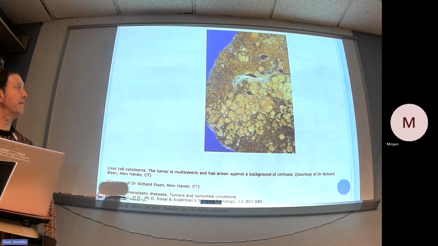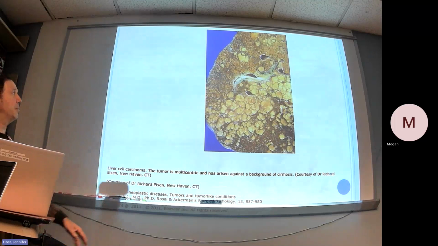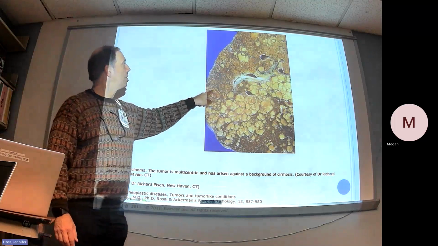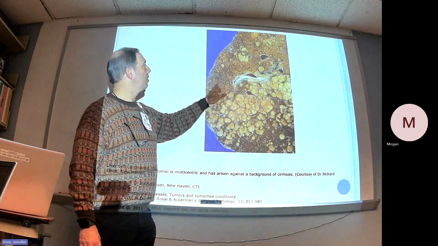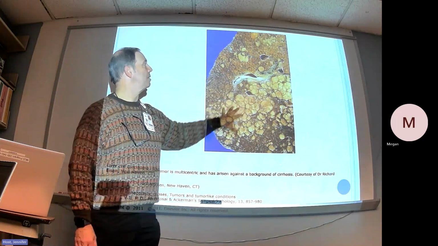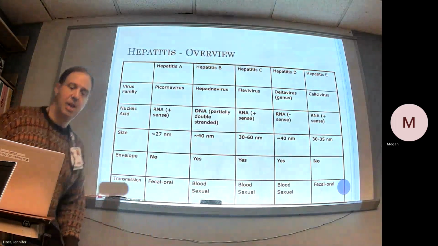This is cirrhosis, and you can get cancers out of cirrhosis. So this is the cirrhosis. It's this cobblestone scarred. This is the tumor. Notice how the nodules are bigger. This is tumor spreading throughout the liver.